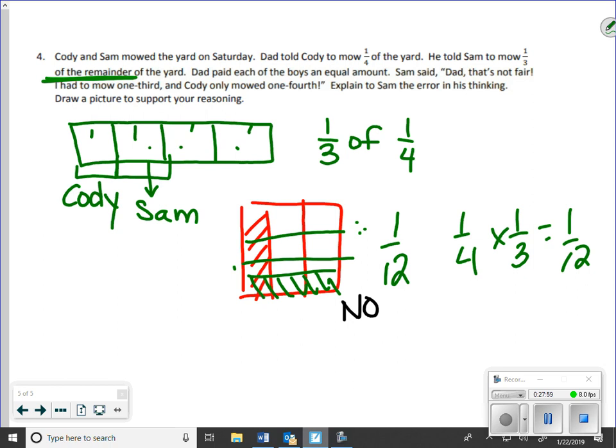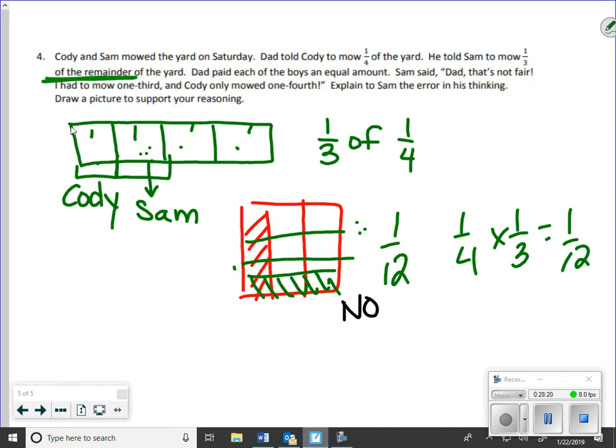So Sam said that's not fair. I had to mow 1/3 and Cody only mowed 1/4. Technically, 1/3 is bigger than 1/4. However, he didn't mow 1/3. He mowed 1/4.